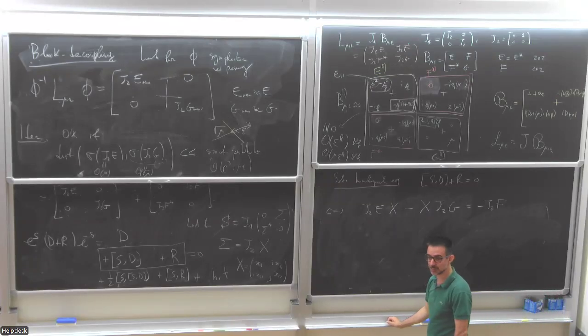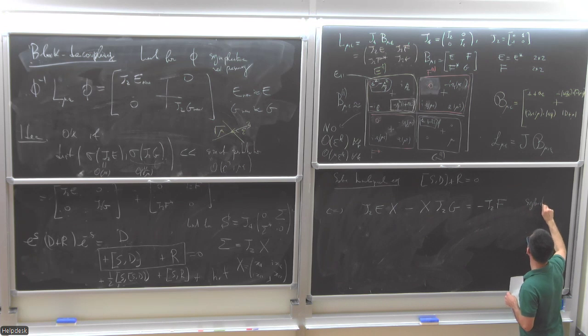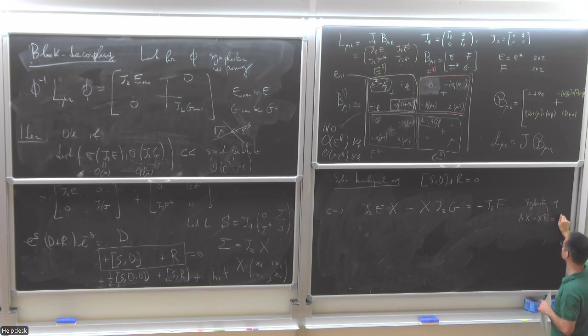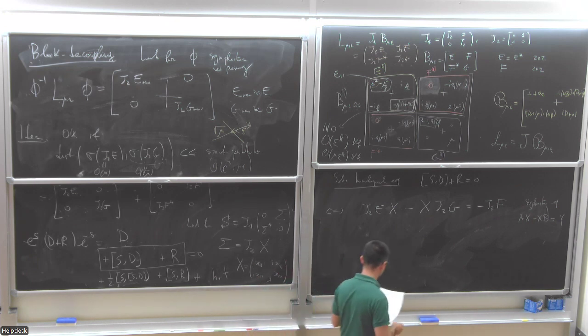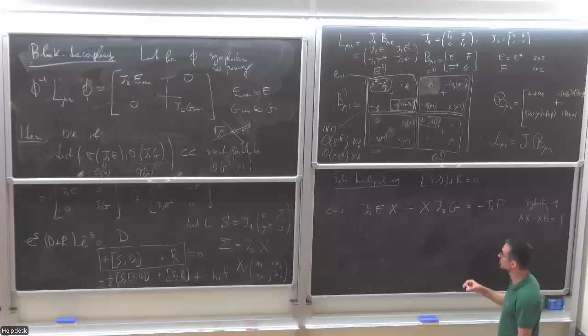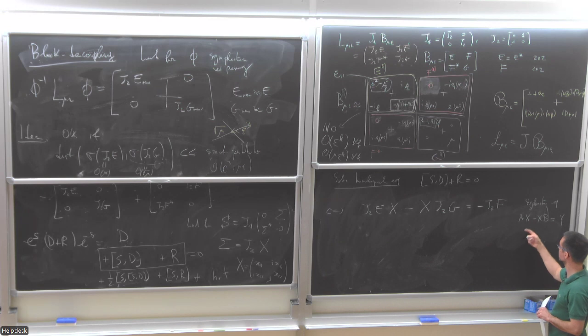And this is a Sylvester type equation, an equation of the form AX minus XB equal to Y. There is a general method to solve this kind of equation, provided the spectrum of A and the spectrum of B are separated.